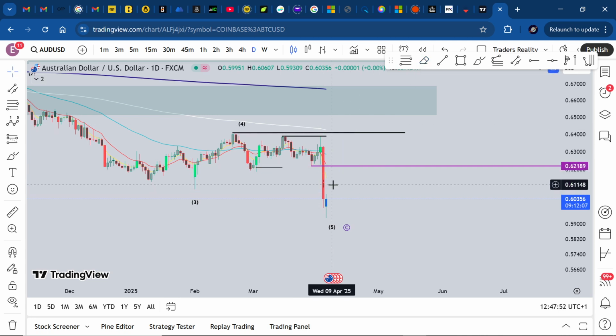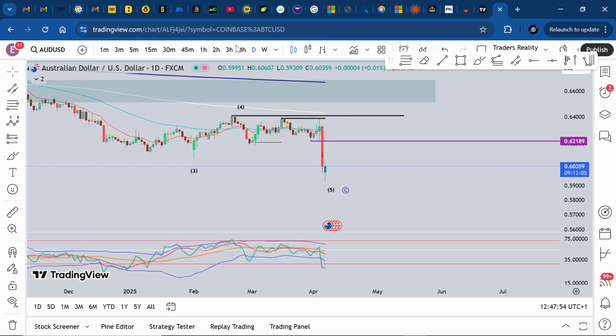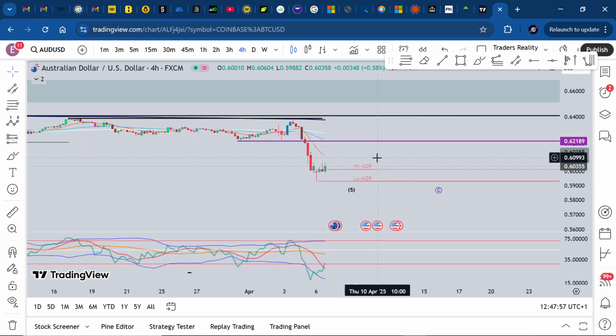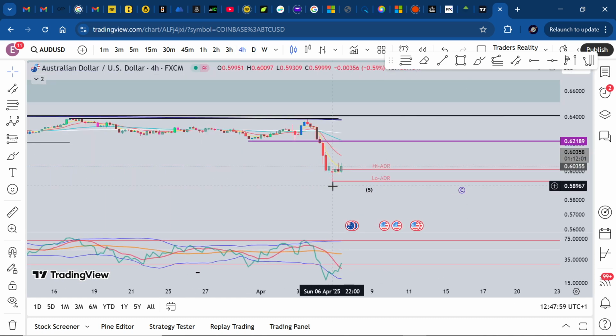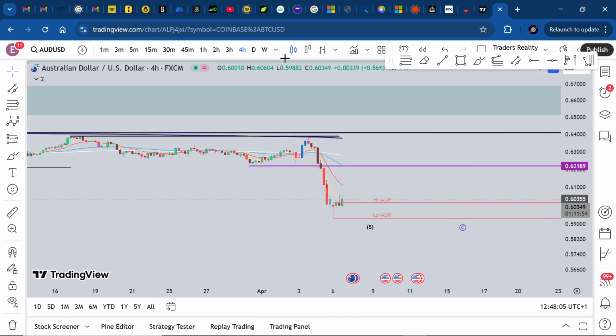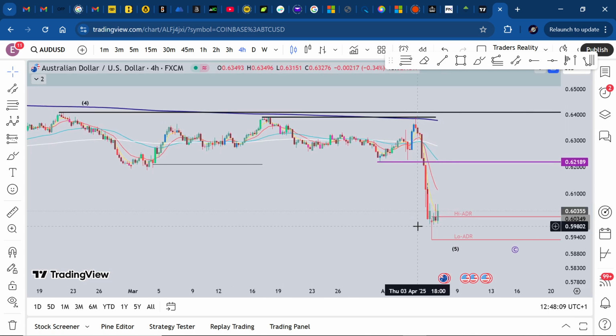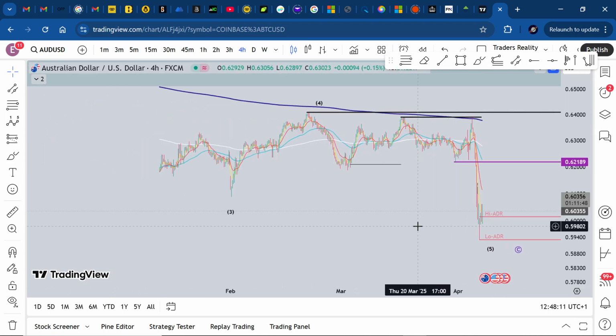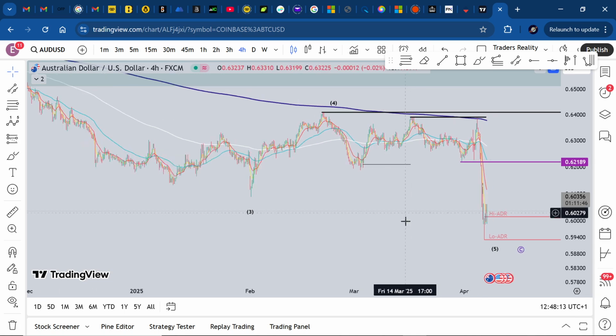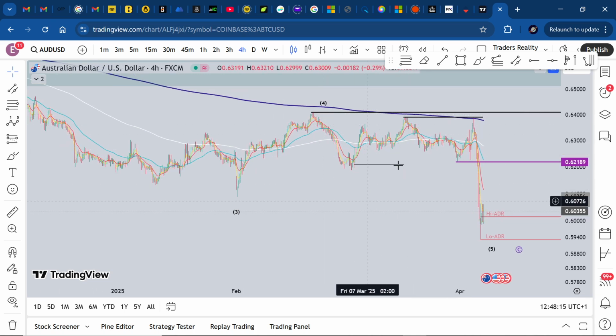This looks like it might be bullish. Look at that, way oversold. We have bullish divergence on the 4 hour. This looks bullish to me. This is corrective.